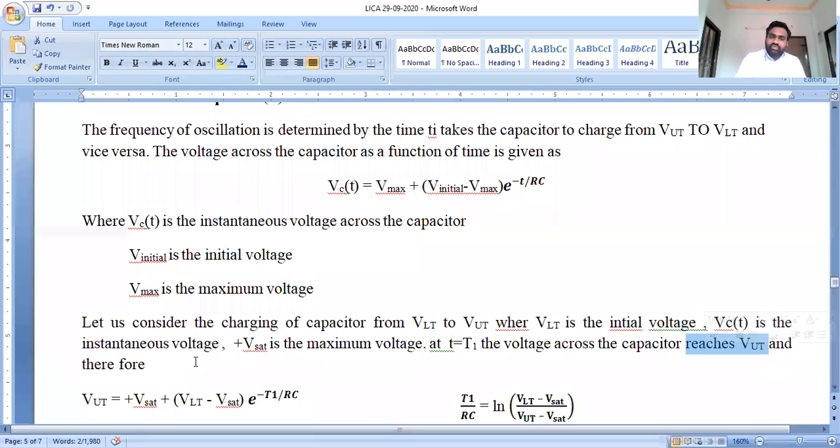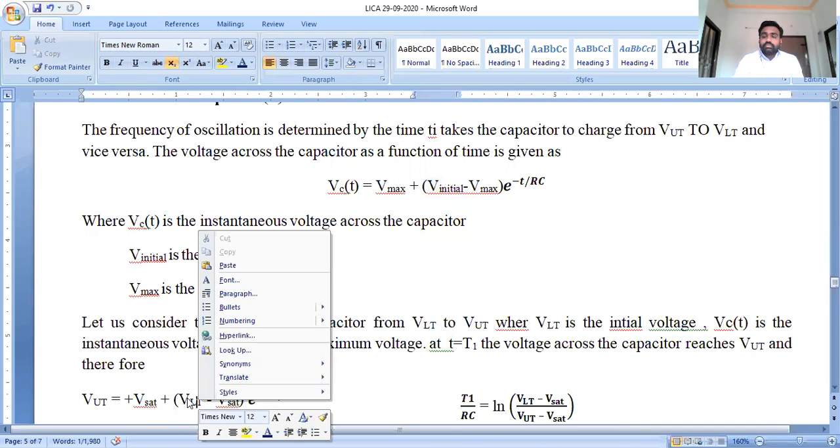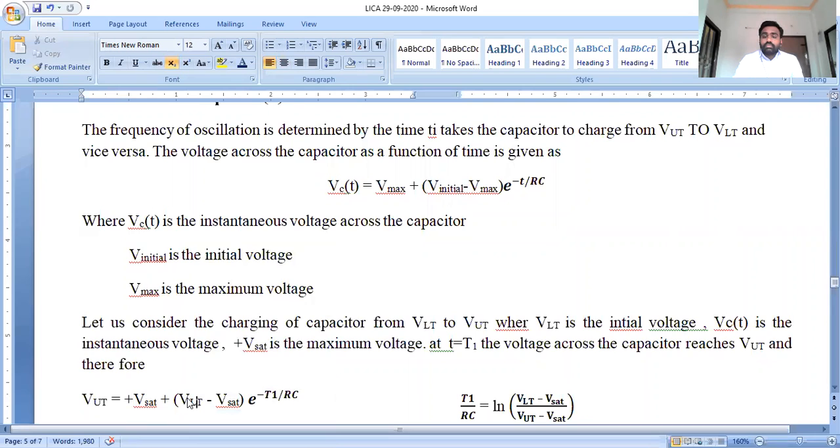We substituted the values here, and this is our new expression. I substituted the capacitor voltage Vc of t with the upper threshold voltage. The maximum voltage is substituted with positive V saturation, and the initial voltage, where the capacitor is not yet charged, is represented by VLT.